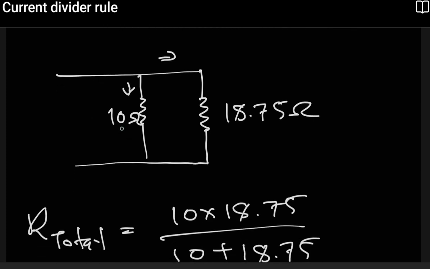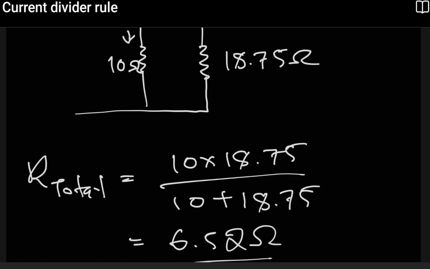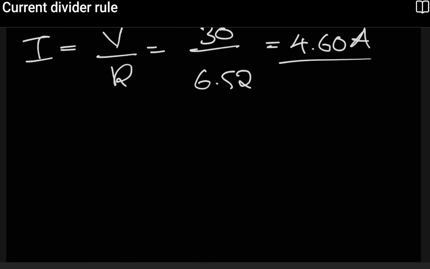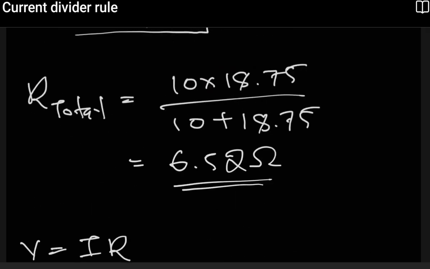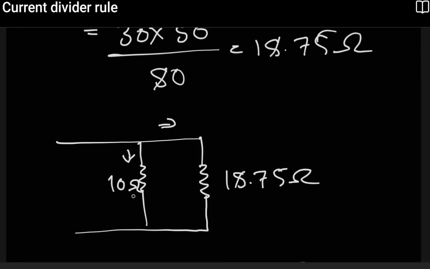So to determine the current going towards the 10 ohm resistor in this case, remember how it goes? Since I1 is where we're going, towards the 10 ohm, what will be in the numerator is the other resistor, which is that 18.75.